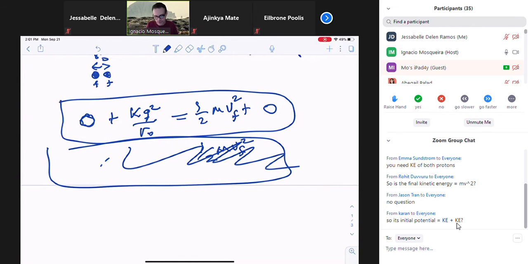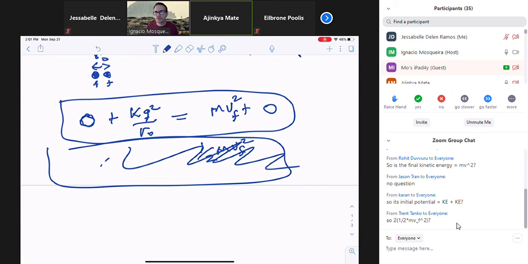The potential energy is what I wrote, and then it's equal to the kinetic energy, but I only had one kinetic energy term. Actually you need two kinetic energy terms, one for each proton. So the formula needs to be without the 1/2, because it's 1/2 plus 1/2. Now it's correct.